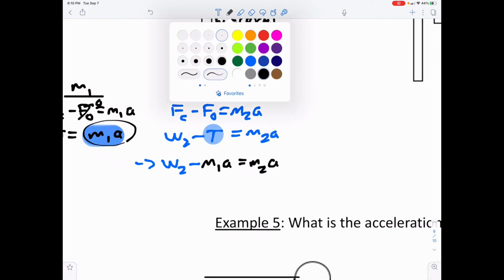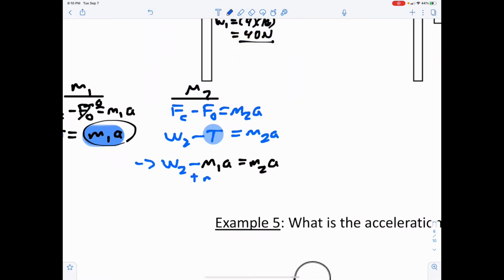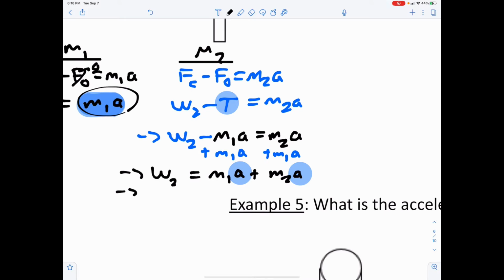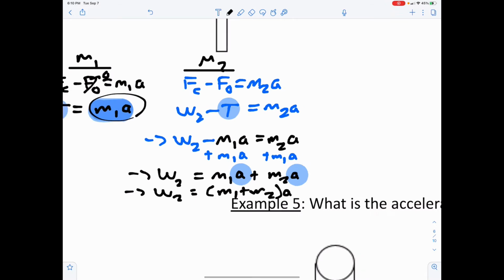Lastly, let's go ahead and add m1a over to this side, and we get that weight 2 is equal to m1a plus m2a. Since the factor that is common to both of these is a, we can factor out an a, and this becomes weight 2 is equal to mass 1 plus mass 2 times a.